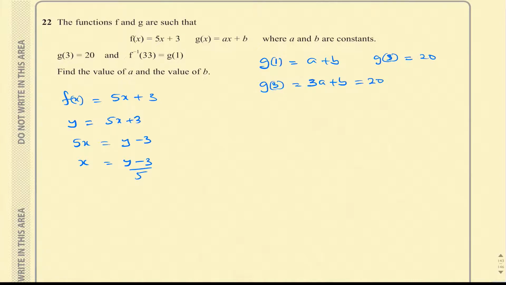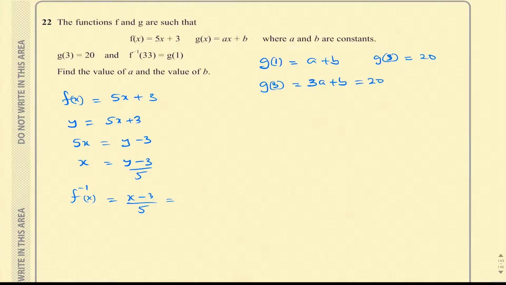Now I need to replace y with x, so the inverse of f(x) is (x minus 3) over 5. So that's the inverse.